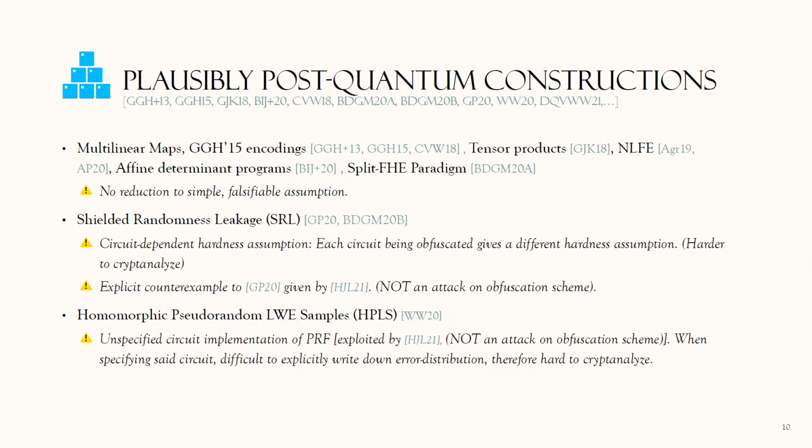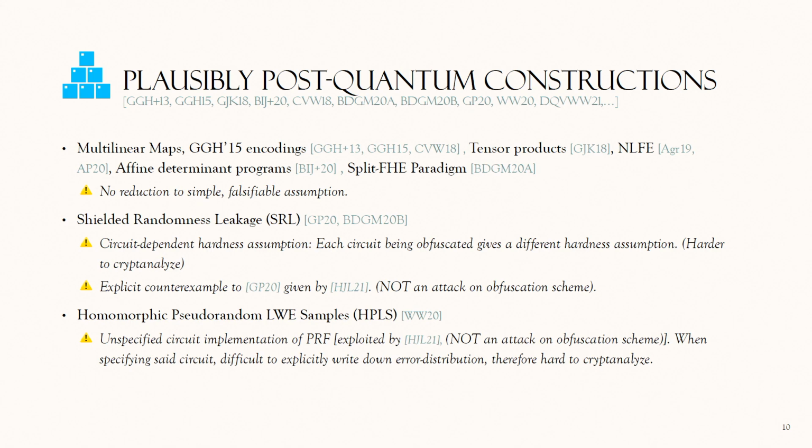And here we have a circuit-dependent hardness assumption. So each circuit being obfuscated actually gives a different hardness assumption. This makes it very difficult to cryptanalyze. And in fact, this assumption has an explicit counterexample given to it by Hopkins et al. in 2021. And this is not an attack on the obfuscation scheme, just an attack on the assumption.